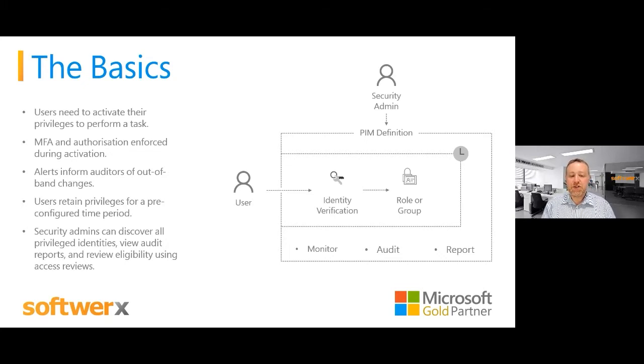But as those users obtain that access, or if somebody was to try and bypass that and grant somebody access directly, these services are designed to notify everybody who participates in the privileged identity management capability that it has happened. So it's like a checks and balances piece as well. There's an audit trail and an alert notification process should somebody try and bypass it, or to also notify everybody when those roles are activated if you need that level of visibility.